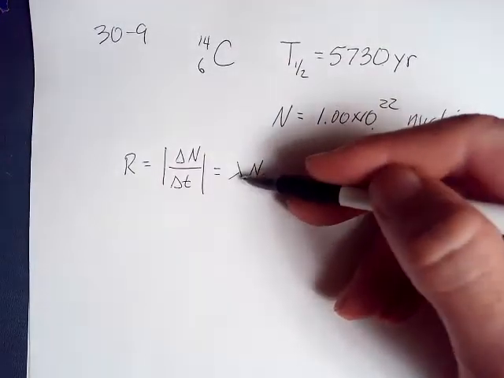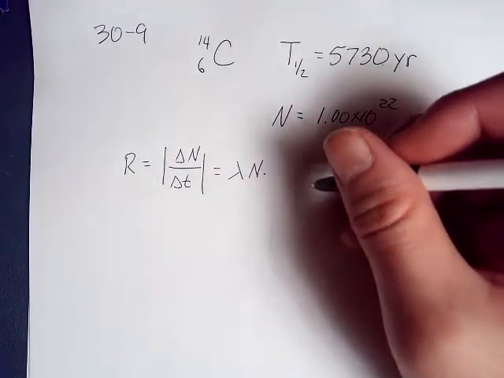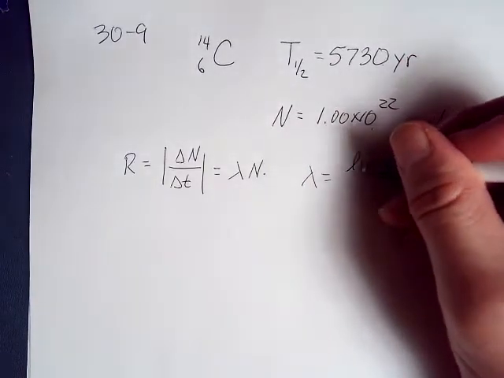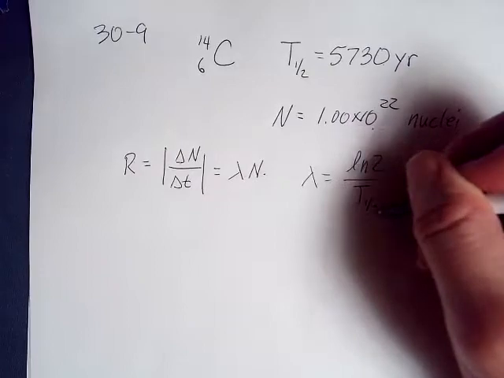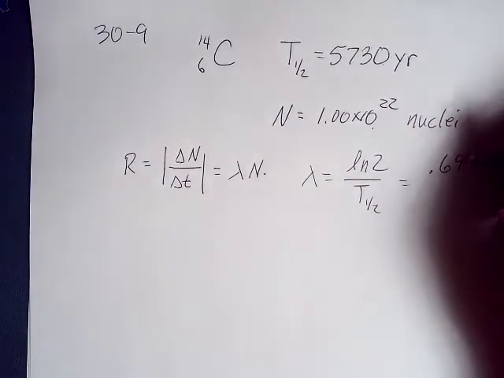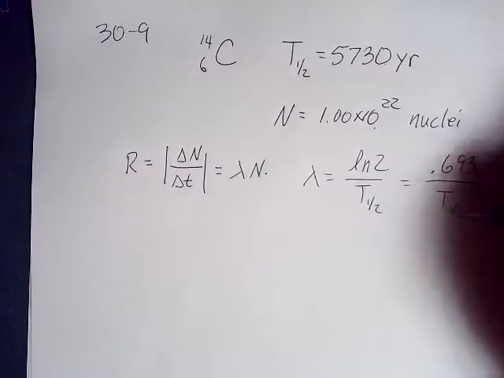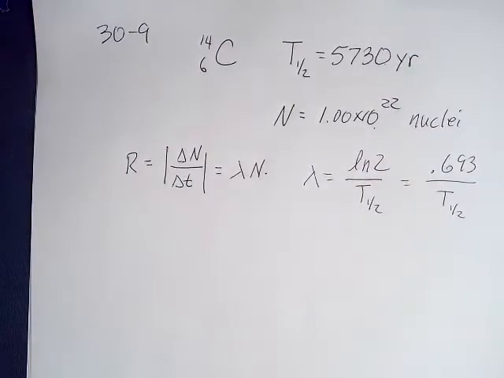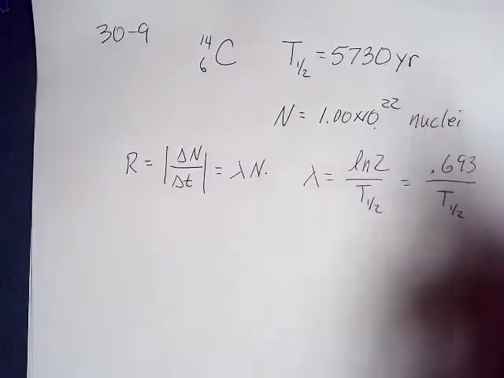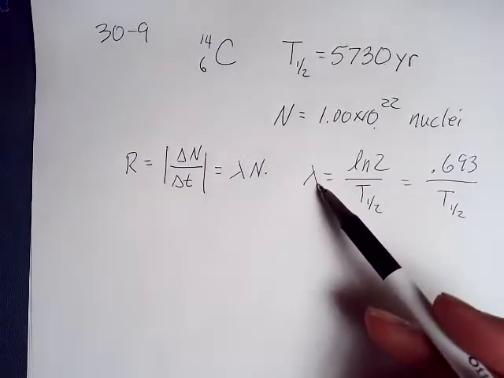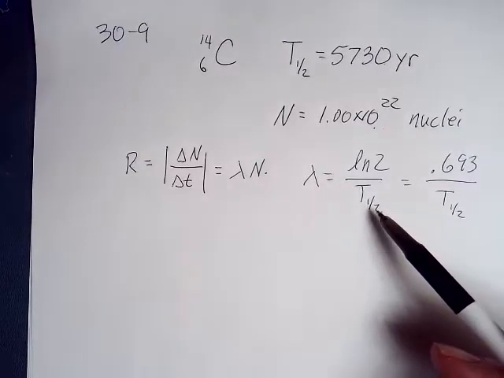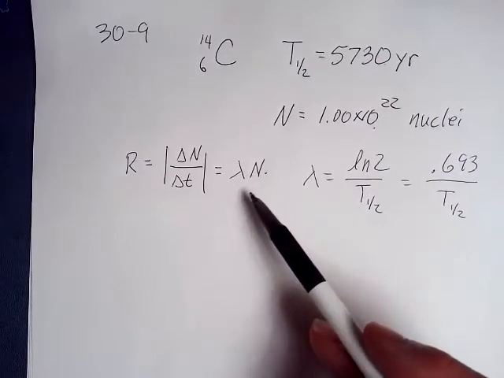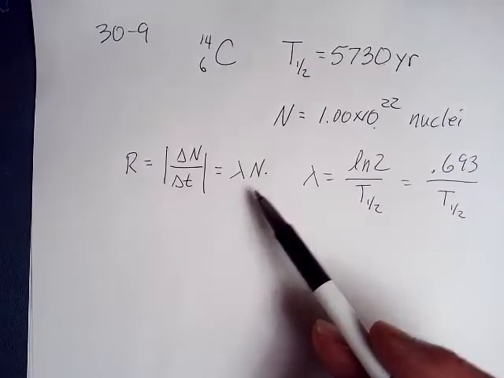As long as I know the number of nuclei, multiply it by lambda, where lambda is called the decay constant, and it's related to the half-life by the natural log of 2 over the half-life, which is roughly 0.693 over the half-life. The half-life is in time units, so the decay constant is in inverse time units, which means we multiply it by N. This gives us number of nuclei per a unit of time, and that's the activity. So R is the activity.